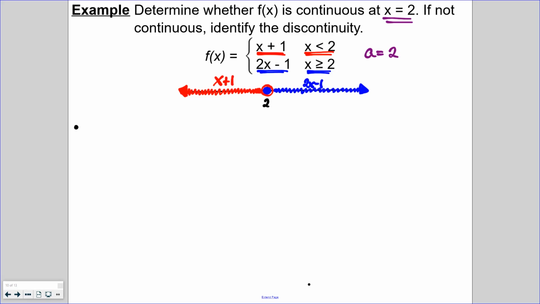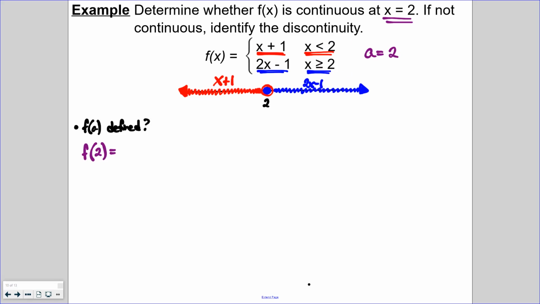So our first condition of continuity is that f of a is defined. So we need to check this condition. Again, we're told in the problem that our a value is 2. We also know a would be 2 because that's where our 2 piecewise functions will hopefully be connected. So that means we're going to be looking for f of 2.